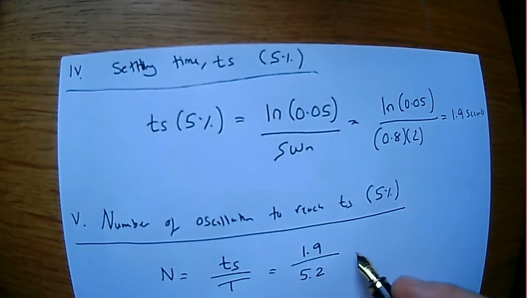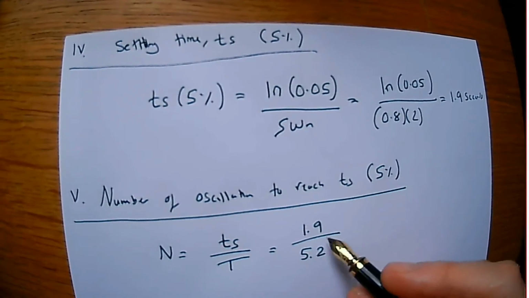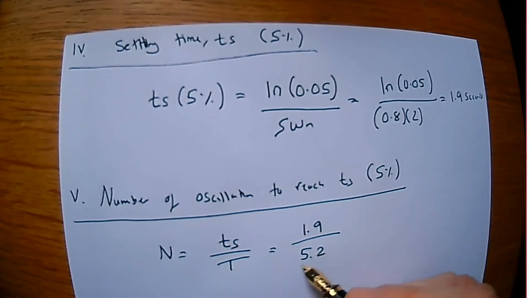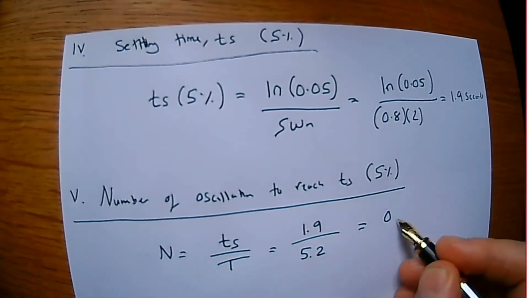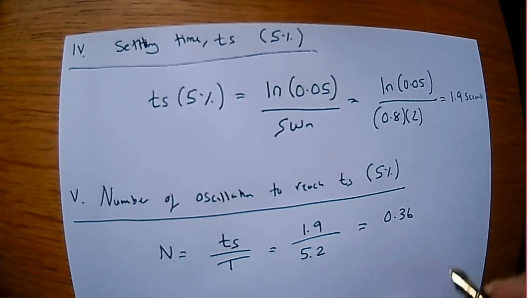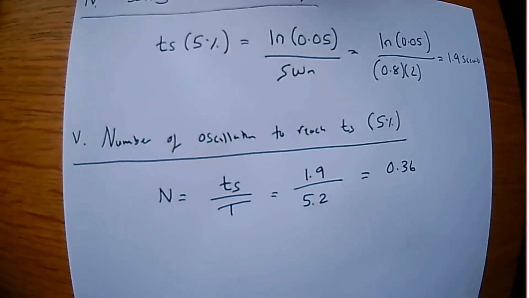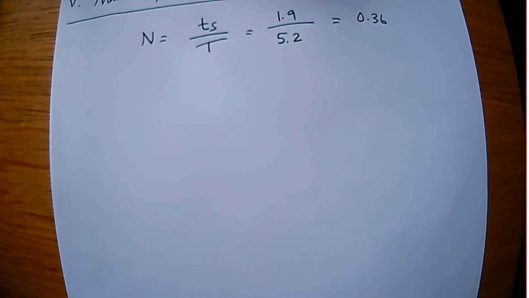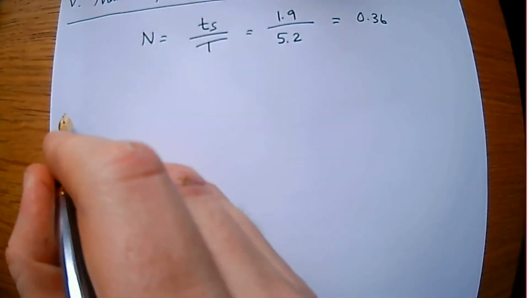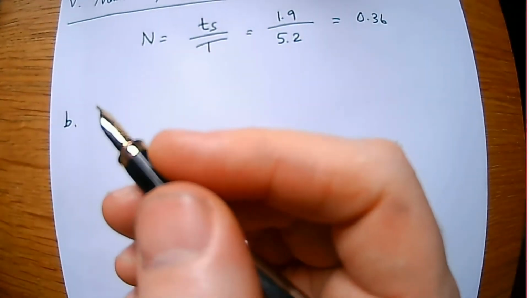So you imagine the system oscillating, the number of oscillations to reach within the settling time, and obviously one period is 5.2, so it makes sense, and the value is 0.36.